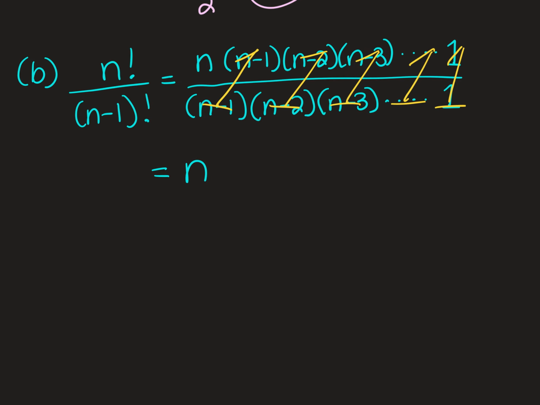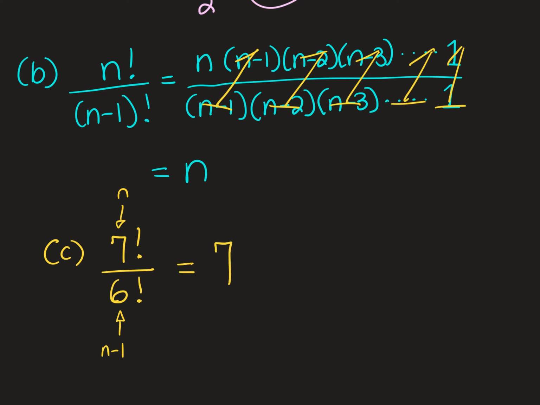So like if I gave you 7 factorial over 6 factorial. This is n. This is n minus 1. Right? If n is 7 and we subtract 1 from 7, we get 6. So it would just be 7. Wait, can you explain that again? Yep.